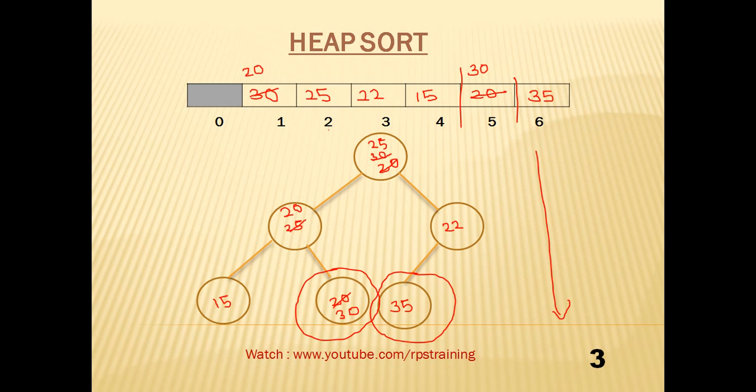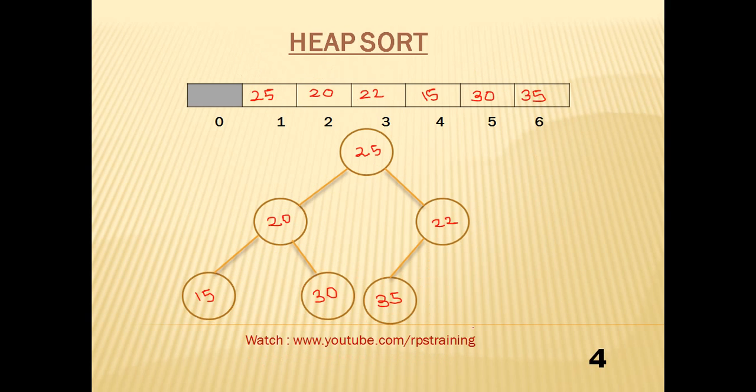So 20 and 25 we have interchanged. The status of this array is 25, 20, 22, 15, 30. These two items will not be considered again, 22 and 35.